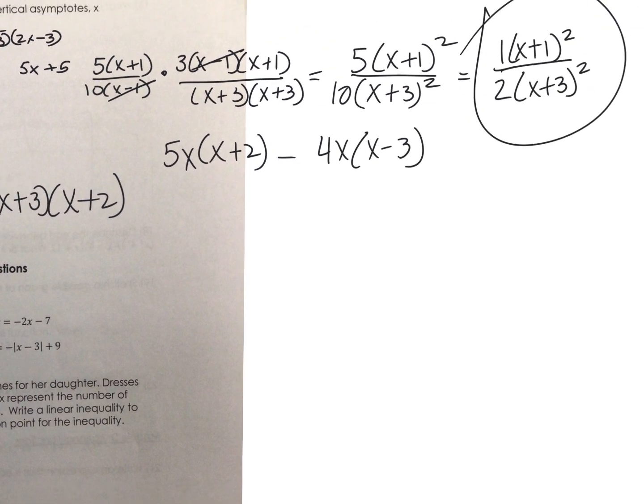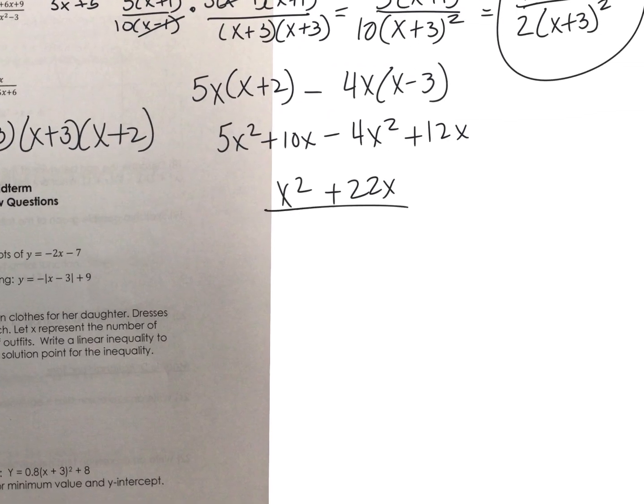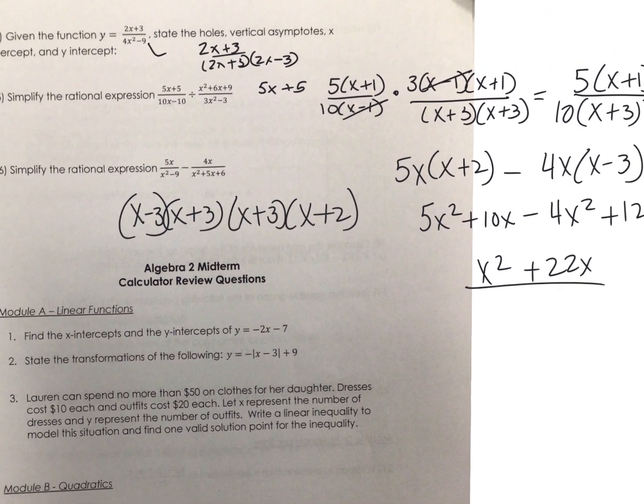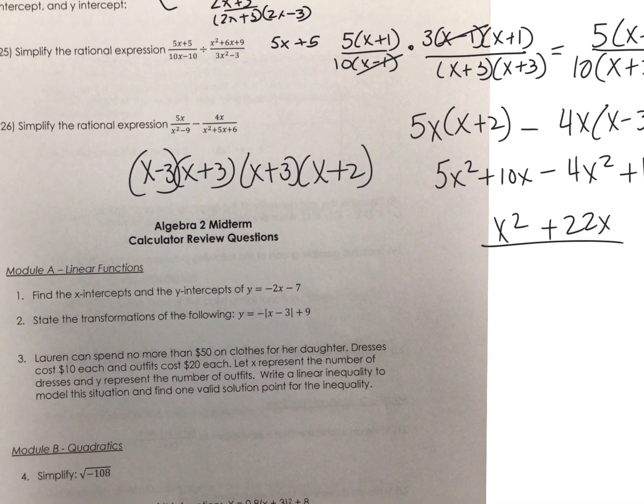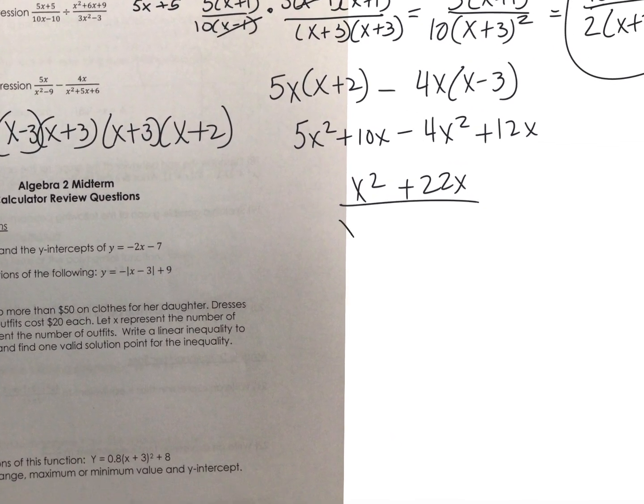Okay, that's 5x squared plus 10x minus 4x squared plus 12x. So that's x squared plus 22x over x minus 3, x plus 3, x plus 2.